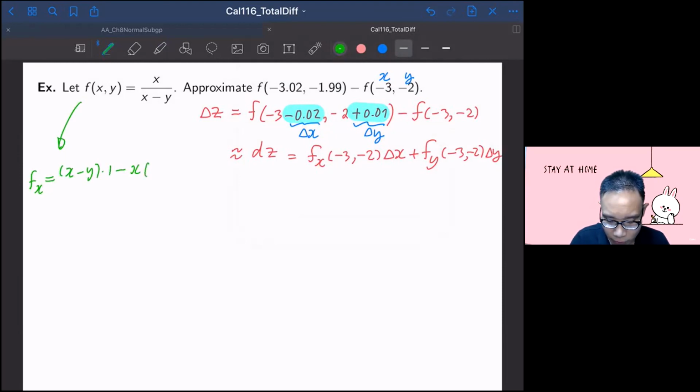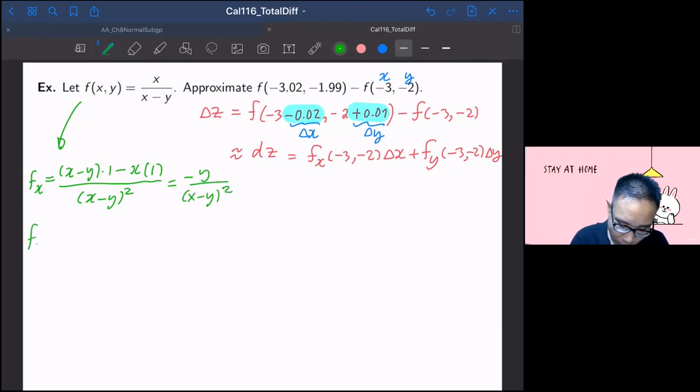So it's going to be 1 over the bottom squared, (x minus y) squared. So that gives us negative y over (x minus y) squared. Okay, so that's my fx.